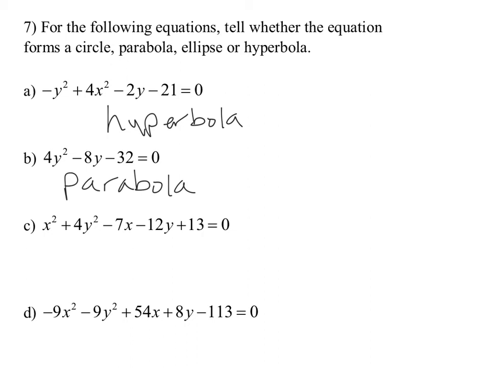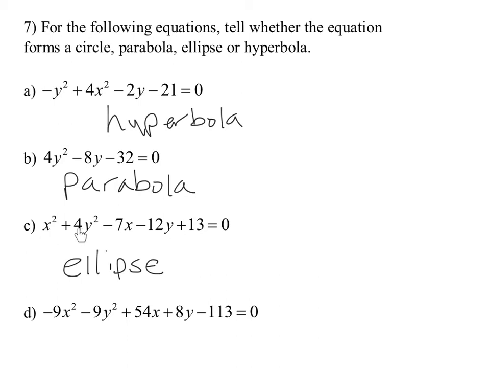If you have two squared terms and they're both positive, but the two coefficients are not the same number, then that's an ellipse. And you can tell the difference between a circle and an ellipse because these coefficients are different. So that means that this ellipse is stretching more along the y than it is along the x.